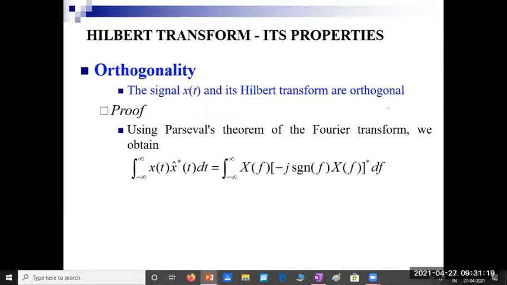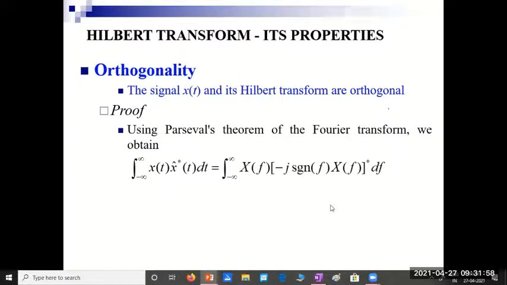But anyway, using the Parseval's theorem of the Fourier transform, if I try to find the area under the given signal x of t and its Hilbert transform, you are trying to multiply x of t with the conjugate of the Hilbert transform, x cap of t, which means in the frequency domain it will be x of f into x cap of f, which is minus j signum of f into x of f, but I want a complex conjugate.